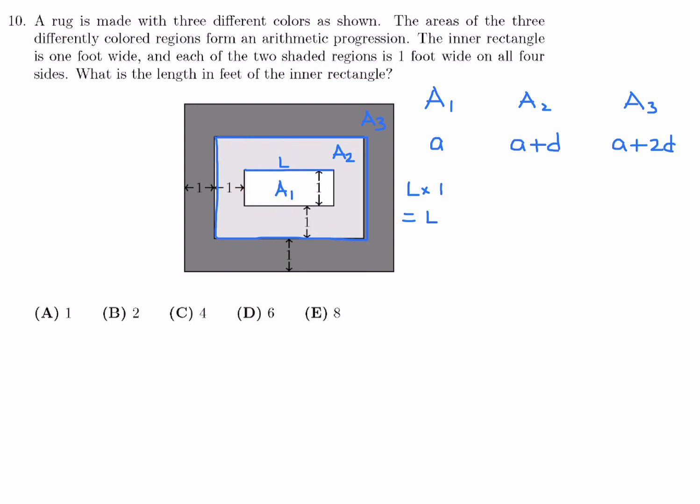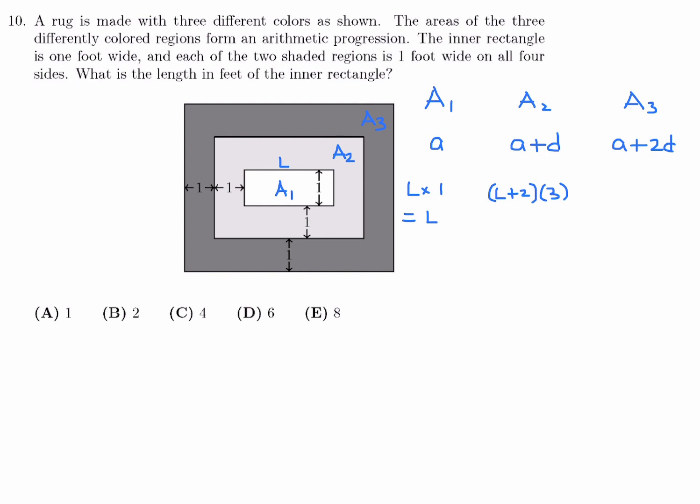So we've got to take the area of the big guy and subtract the little guy. So the big guy is going to be what? L plus 2. And then you multiply by 3, right? Because this is going to be L plus 2 since it's 1 on either side. This is 1 and this is 1. And then this is going to be 3 since this is 1, and that's 1. And also they tell you that in the question stem.